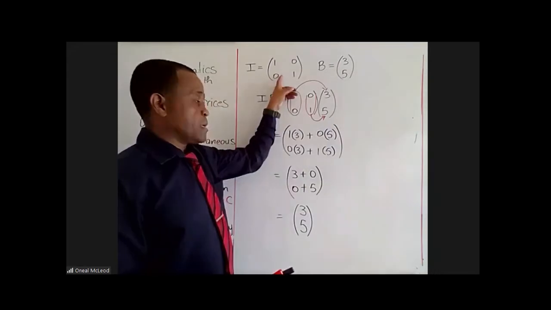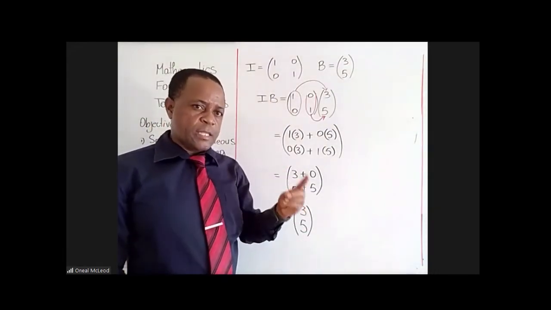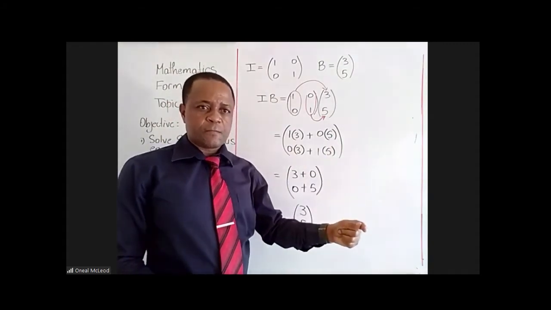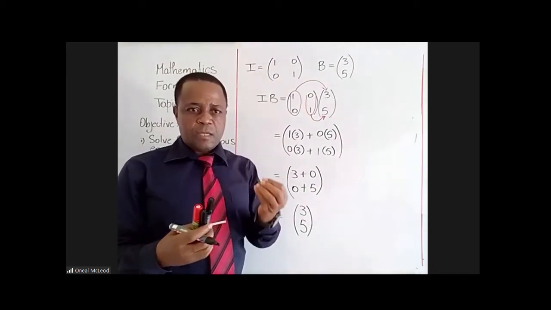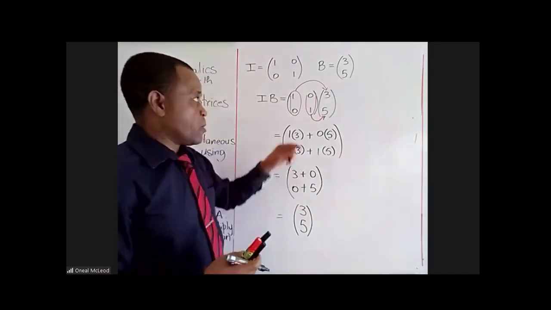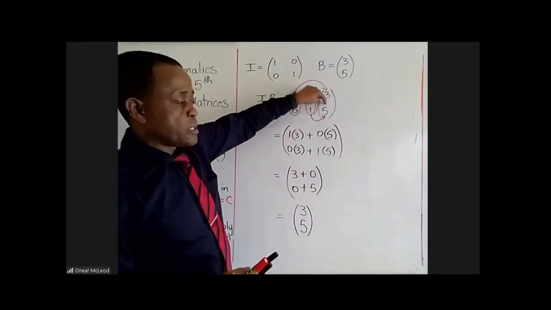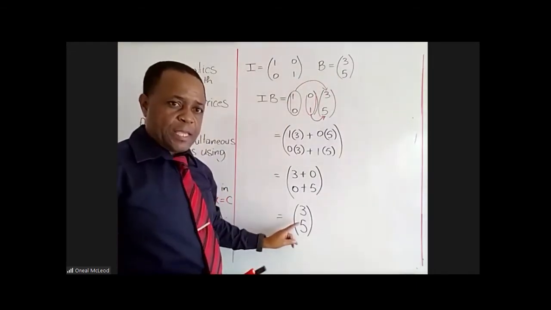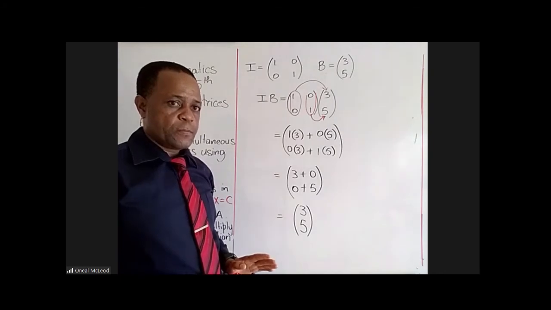That's the same thing that is happening with our identity matrix. When we use the identity matrix to multiply another matrix, the identity of that matrix remains intact. And that is why when I use our identity matrix here to multiply the matrix B, we're going to end up with B. Very, very simple and straightforward.